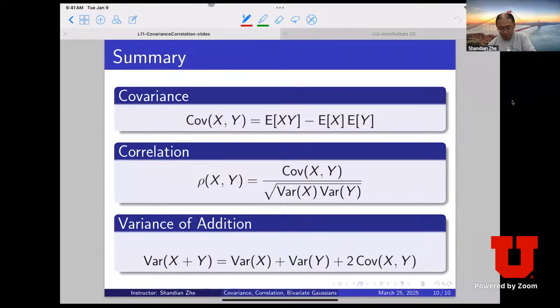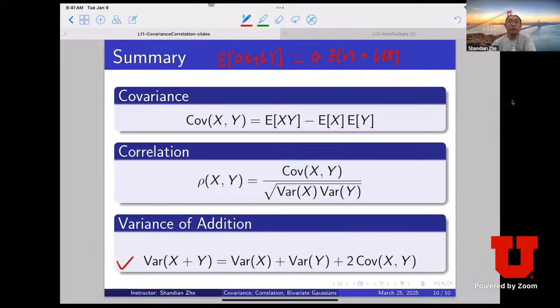We also saw an important property of the variance. For expectation, the expectation of a linear combination of random variables is the linear combination of the expectations.